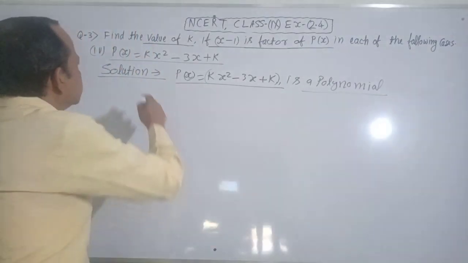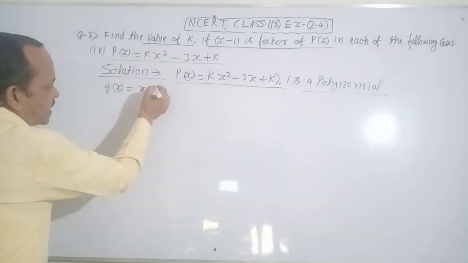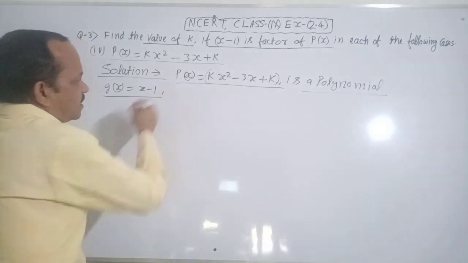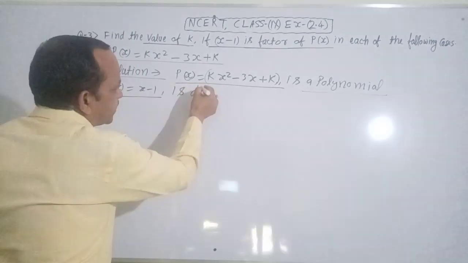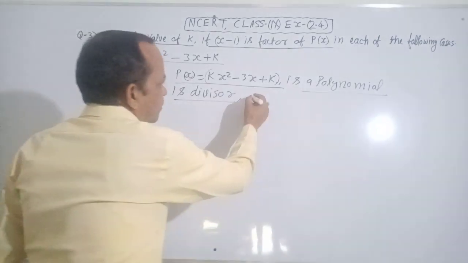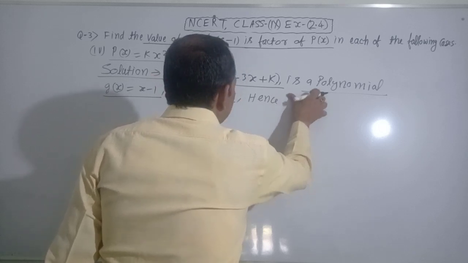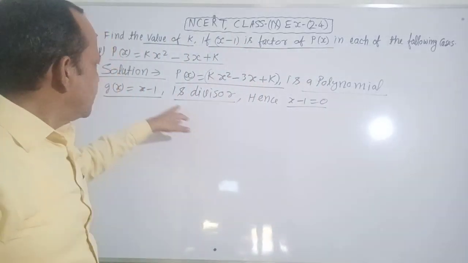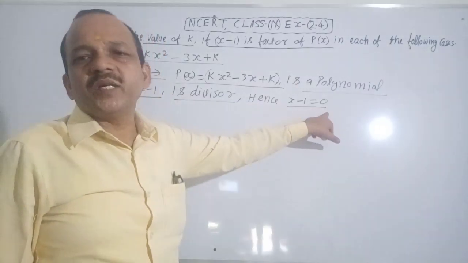Clear? g(x) equal to x minus 1 is the divisor, hence x minus 1 equal to 0.